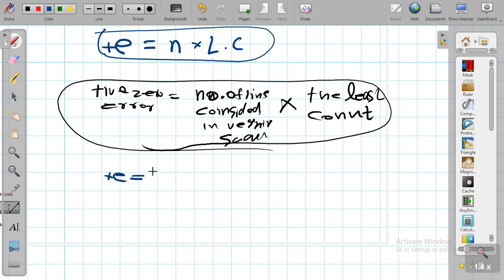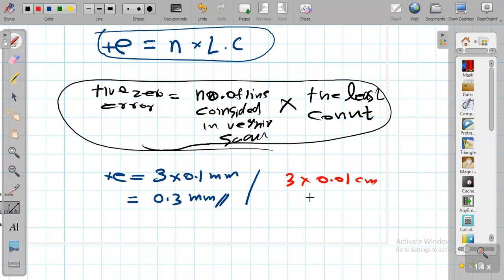So what is the positive error then? 3 into 0.1 millimeter. You can get the zero error as 0.3 millimeter, or in terms of centimeter, 3 times 0.01 cm equals 0.03 centimeter.